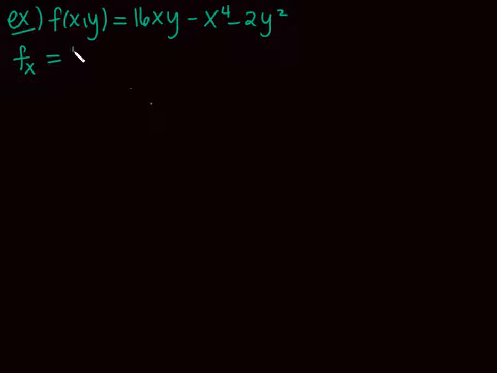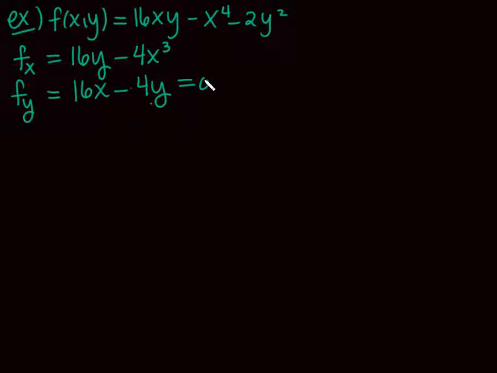So first partial with respect to x is 16y minus 4x cubed, right? Partial with respect to y, if I look at this, is 16x, right, minus 4y. And I'm going to set these equal to 0. Now, because I have this cube right here, I'm going to approach this a little bit differently.